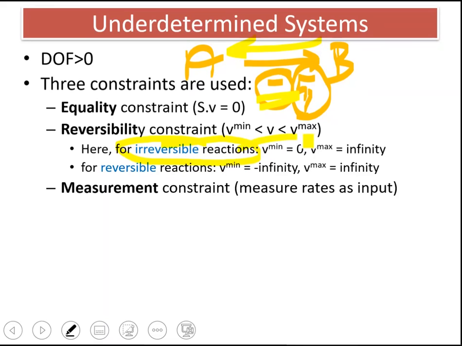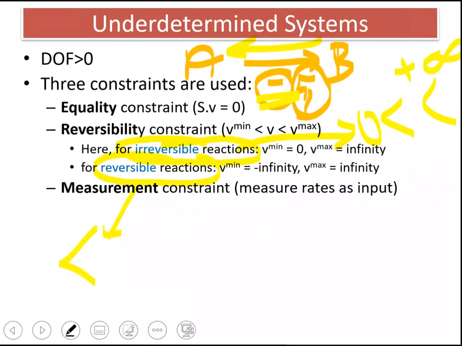So irreversible reactions will always take values between 0 and plus infinity. So they will always be positive. You constrain them to be always positive. Reversible reactions, on the other hand, they can take any values between minus infinity and plus infinity.